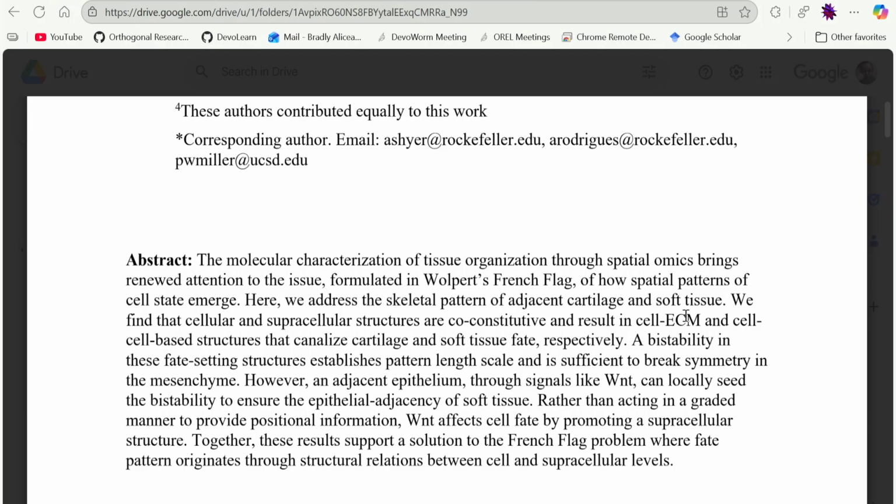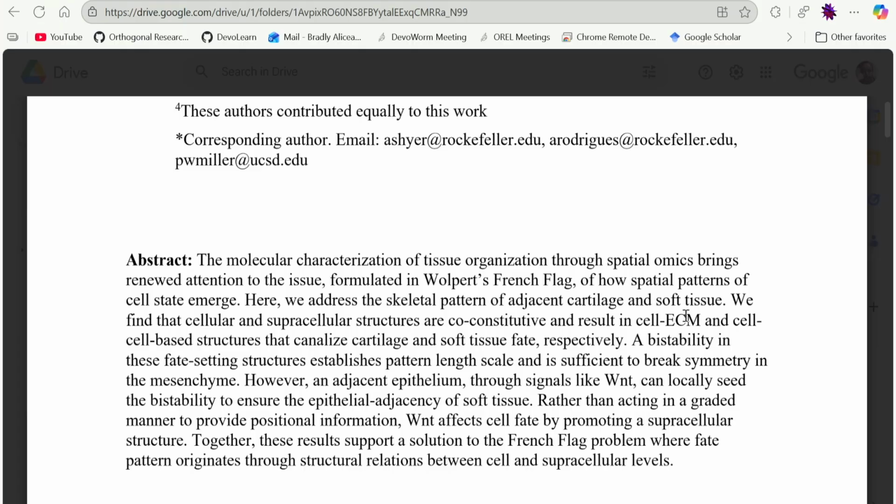Or sometimes you can sample a tissue, or an embryo, where you can isolate different transcriptional profiles at different parts of space. And then you can answer questions like this. So we use spatial omics. We can take a new kind of look at the French flag problem.